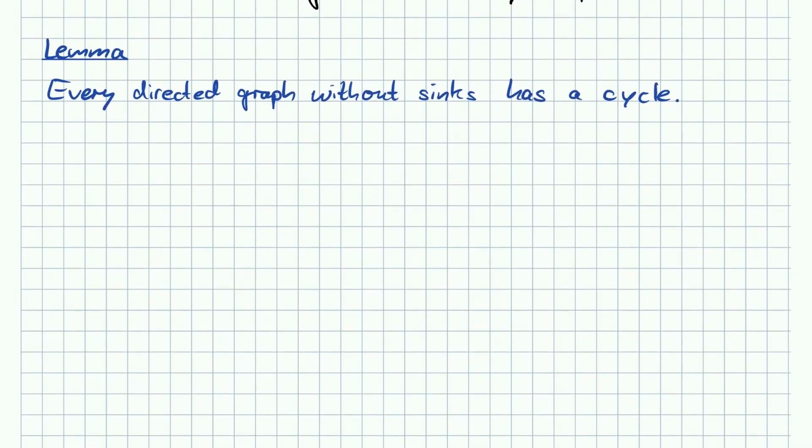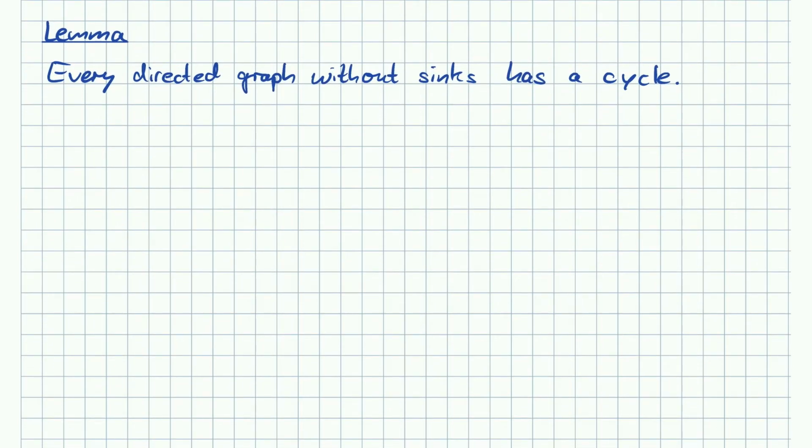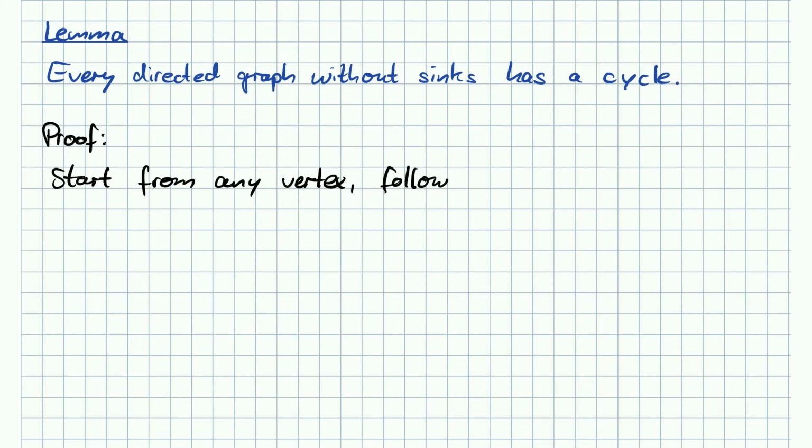Why is this true? Well, this is just a standard observation as you usually do these in graph theory, namely start from any vertex, follow an arbitrary outgoing edge, because there is always such an outgoing edge.